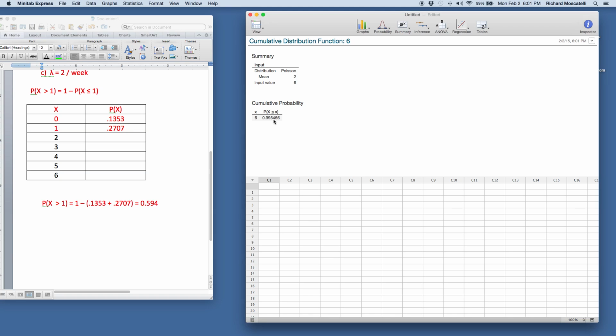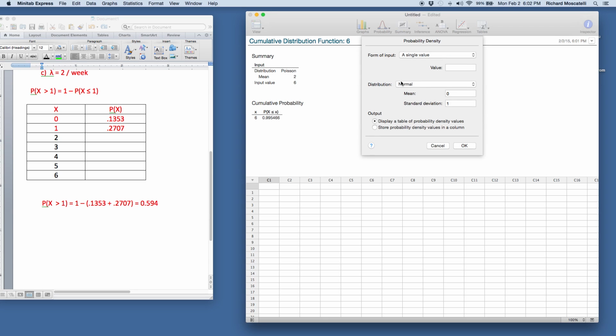This is basically letting you know that the chances of there being 7 accidents or 8 accidents or 9 accidents, not so good. And of course you can check that too. Remember before I said, what's the chances of there being 15 accidents? I mean, think about that. You're expecting 2 accidents this week. What's the chances of there being 15 accidents?